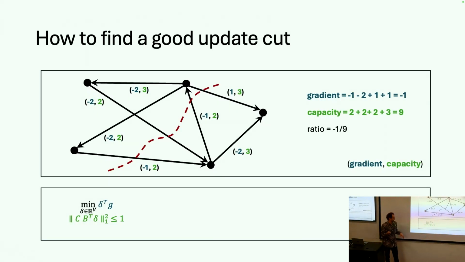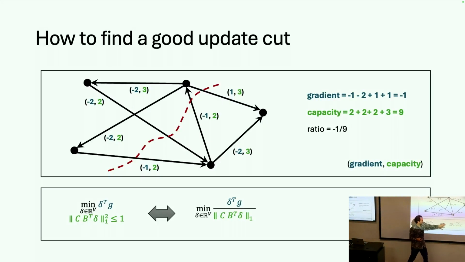You can do the algebra if you want to verify this, but basically you can square this constraint without changing it, and then one can see that after scaling, this problem is equivalent to solving this ratio problem, and then you can identify this term here as the gradient sum and this term here as the sum of the capacities, where it's relatively easy to see that a cut is an optimal solution of this problem by just scaling stuff so that the solution is between 0 and 1, and then using that one can interpret this as a probability, and if you just sample, it can't get much worse. But if you didn't follow this, it doesn't matter so much.